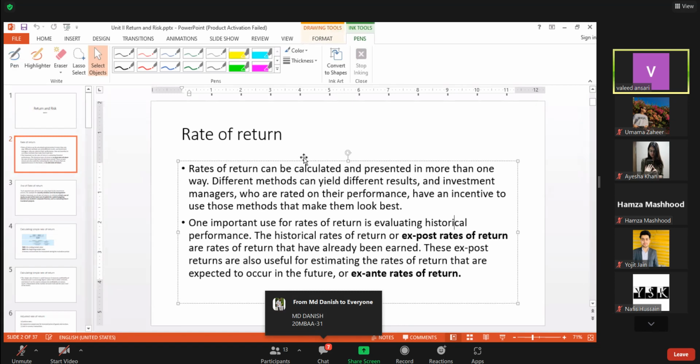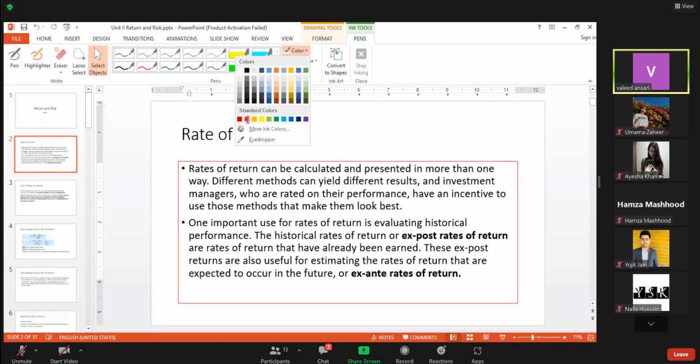I have already explained to you why returns are important, and there are two concepts which I should make clear before I start discussing the calculations. The first concept is what we call the historical return.